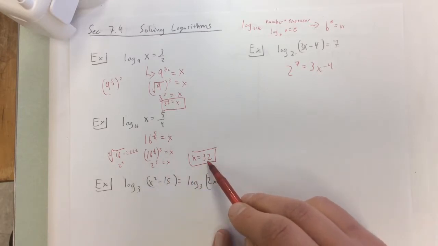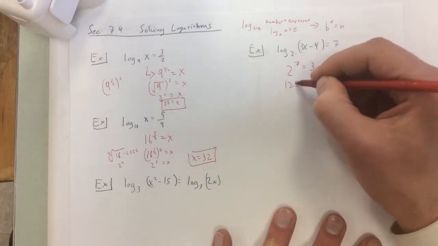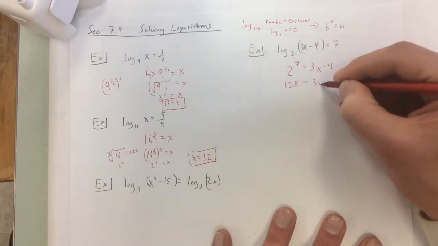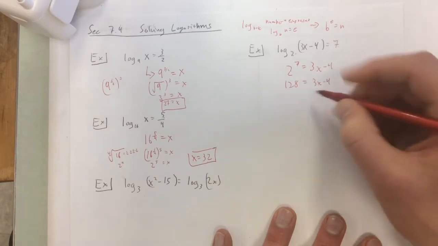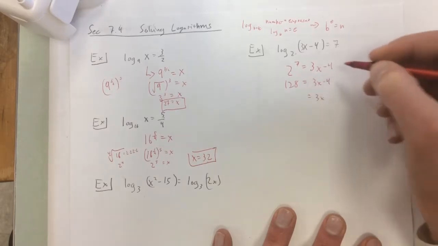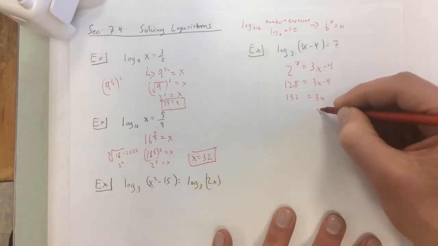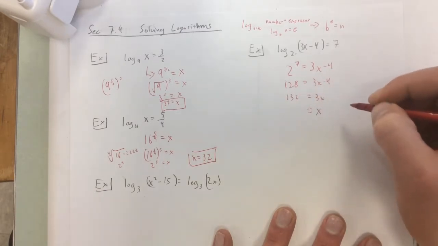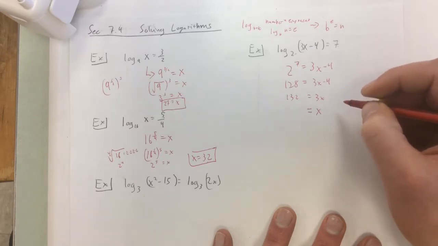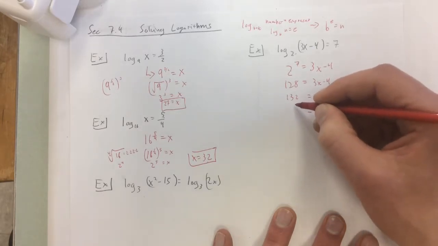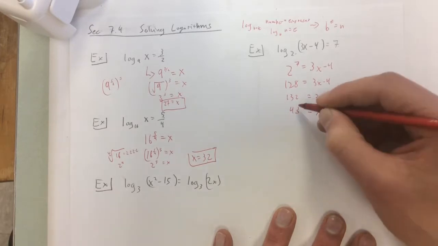So the 6th power would be 64. The 7th power would be 128. Pretty simple from here. Add 4 to both sides, 132. And I'm going to get 44.